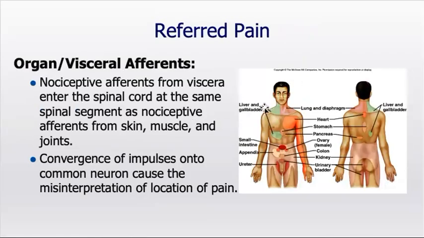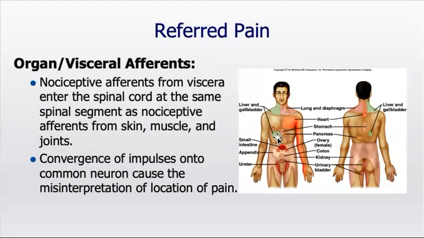This is a description of that organ or visceral referral. The reason it happens is the nociceptive afferents from viscera enter the spinal cord at the same spinal segmental level as the nociceptive afferents from the skin, the muscle, and the joints. So for example, let's go for the gallbladder, like I said.